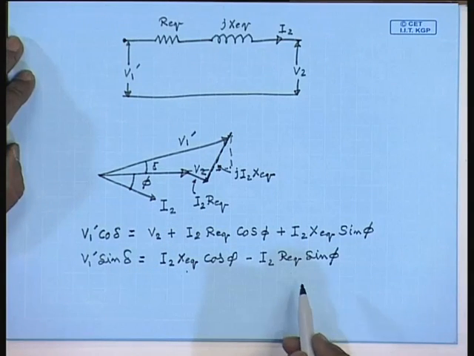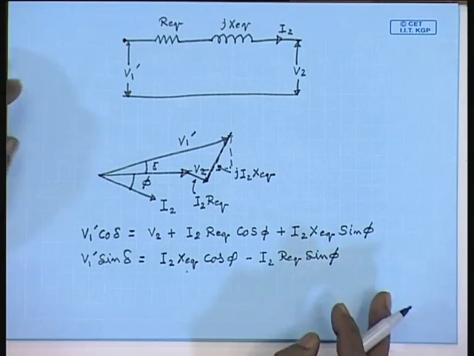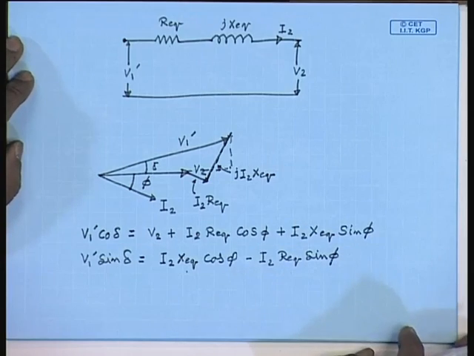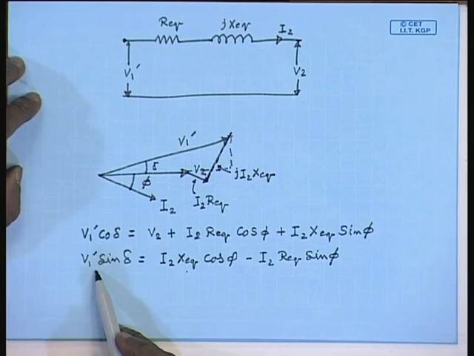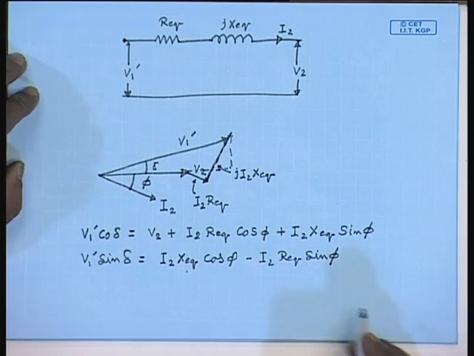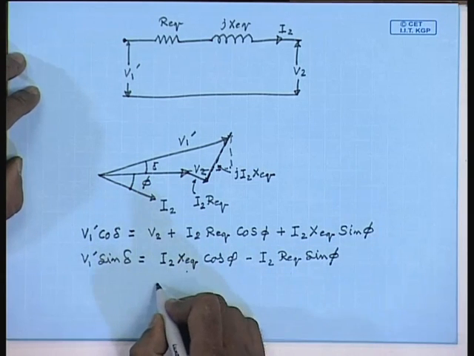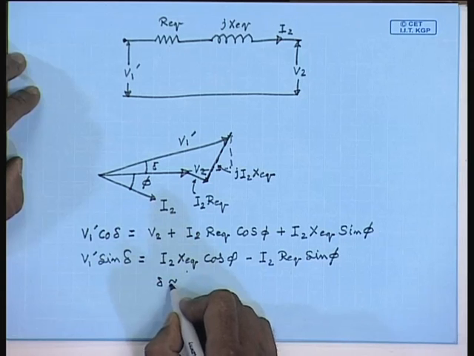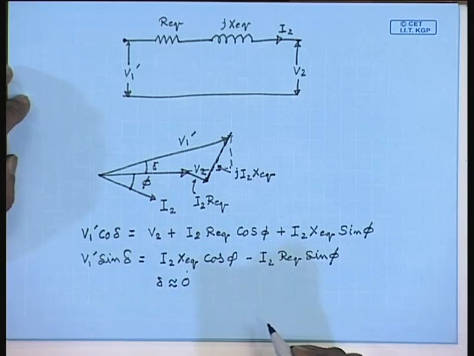From the previous examples, we have seen that the values of Req and Xeq are very small. In per unit terms, they are around 0.7%, 2%. So the quantity V1 dash sin delta, or the angle delta, is usually very close to 0 for a normal transformer, even at full load.